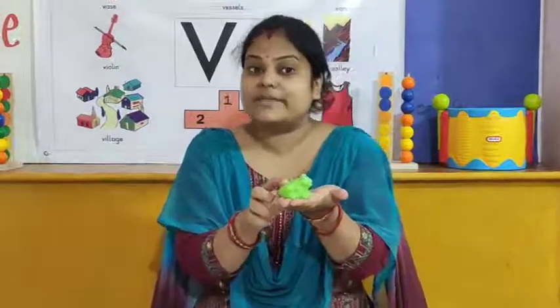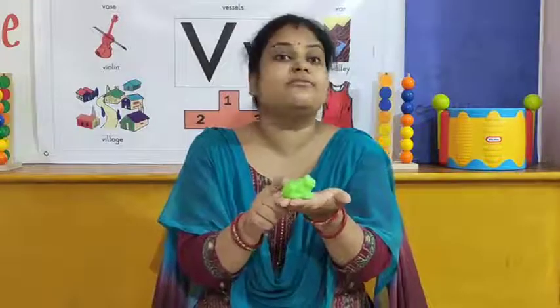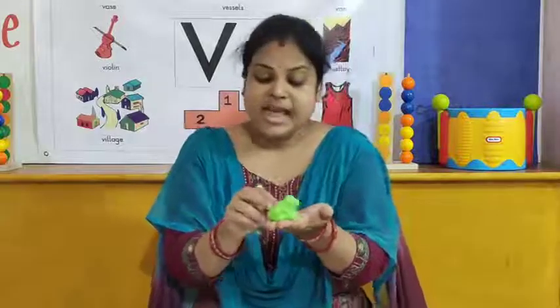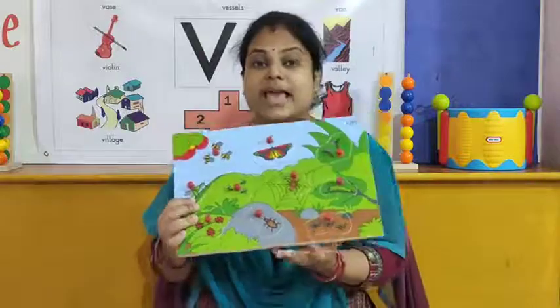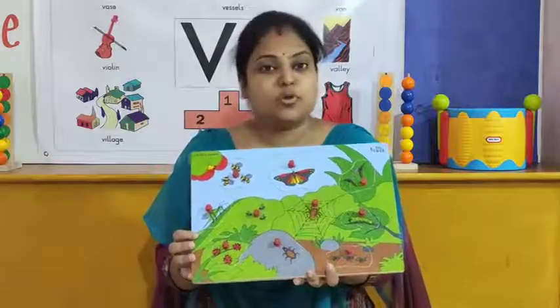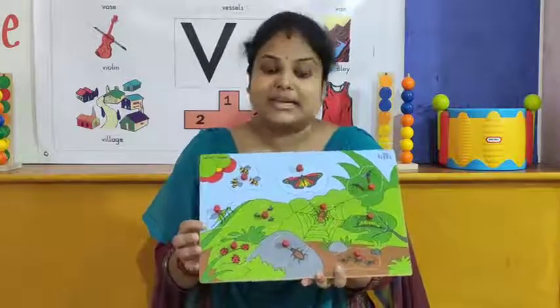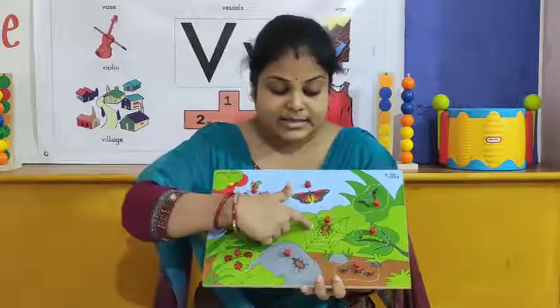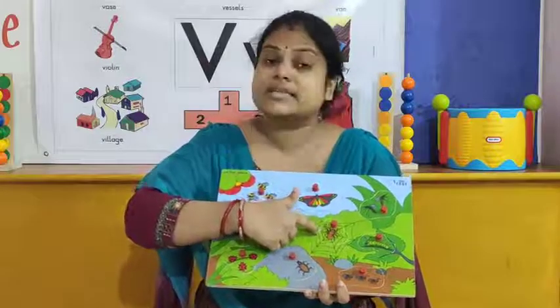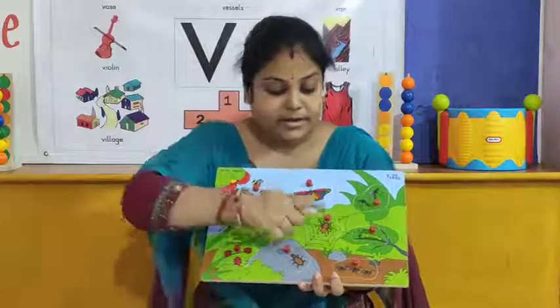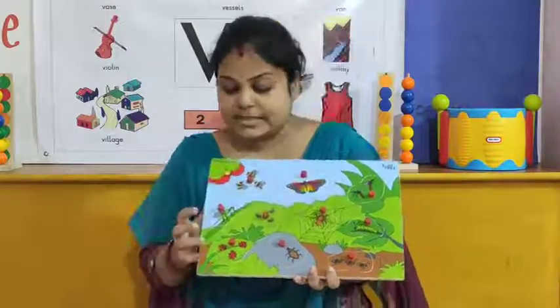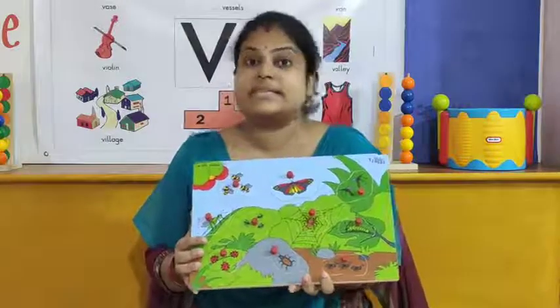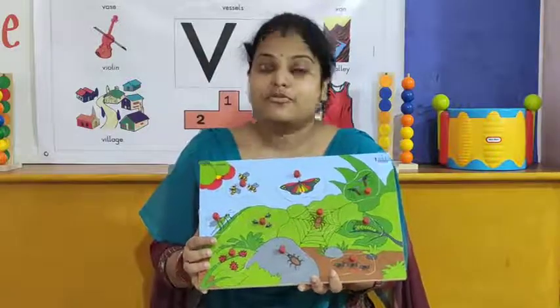Where does the frog live? The frog lives in the forest. And children, look, there are so many insects that live in the forest. This is a spider, ant, caterpillar, mosquito, grasshopper. All these insects live in the forest.